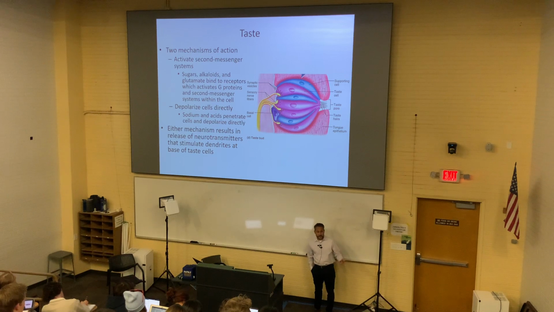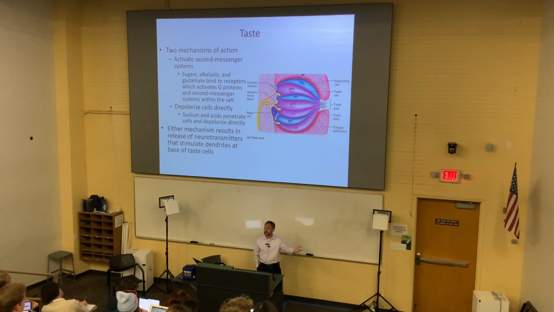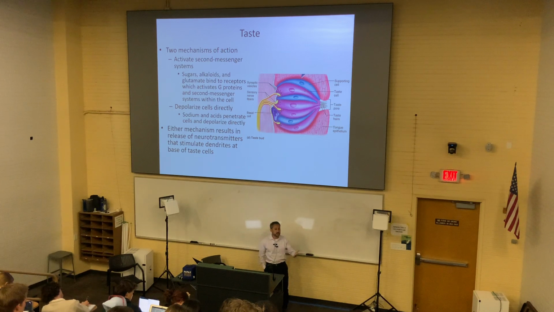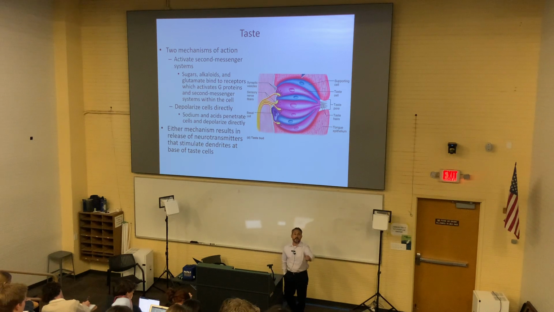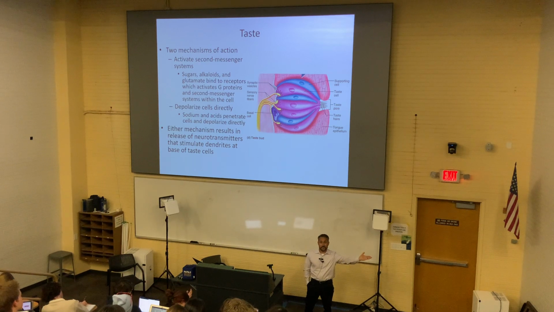We had metabotropic or ionotropic. You guys remember that? It's the same theme here. So if it activates a second messenger system, it behaves a lot like a metabotropic neurotransmitter. And the second messenger system sends a signal inside the cell, some metabolic process within the cell, to then release the neurotransmitter on the basal side to stimulate the nerve.